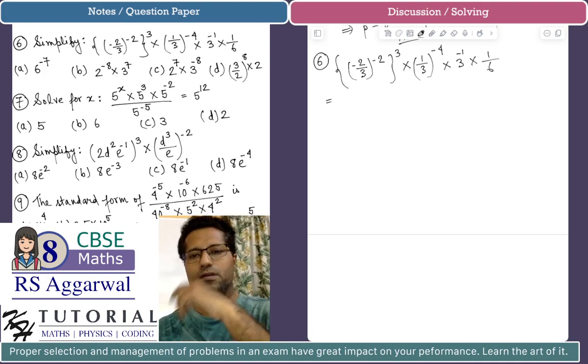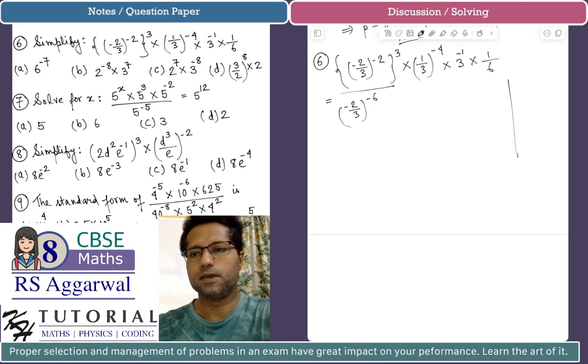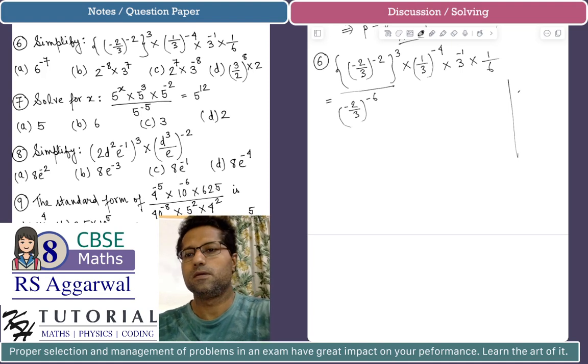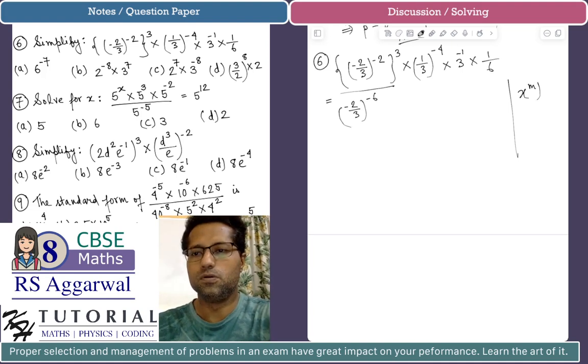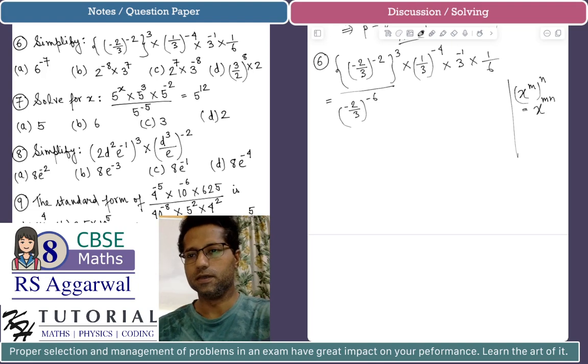Okay, so the value inside the first bracket, let's evaluate this first. This will be minus 2 by 3 raised to the power minus 2 into 3, that is minus 6. Applying the concept that x to the power m, whole raised to the power n, is equal to x to the power m times n. In this problem, x was minus 2 by 3, m was minus 2 and n was 3.